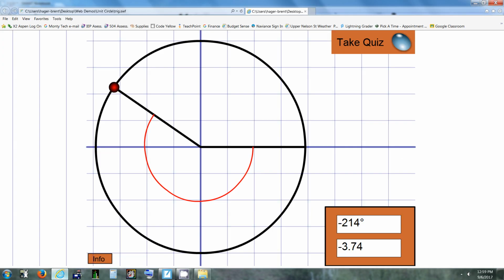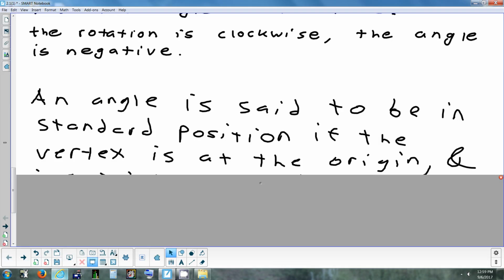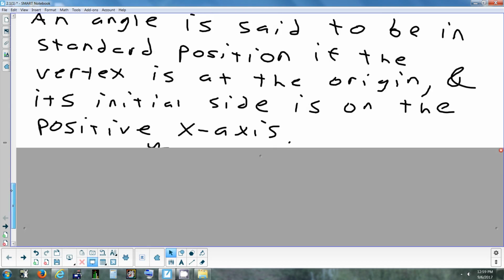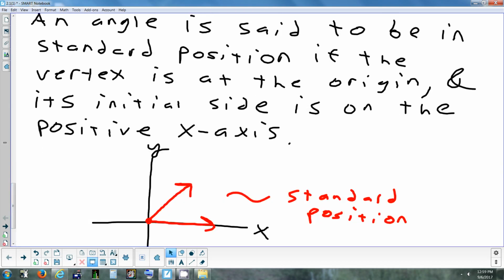I can't move the vertex of the angle from the origin. And the second thing is you want the initial side on the positive x-axis. So that's a picture of an angle that's in standard position. It meets both criteria.